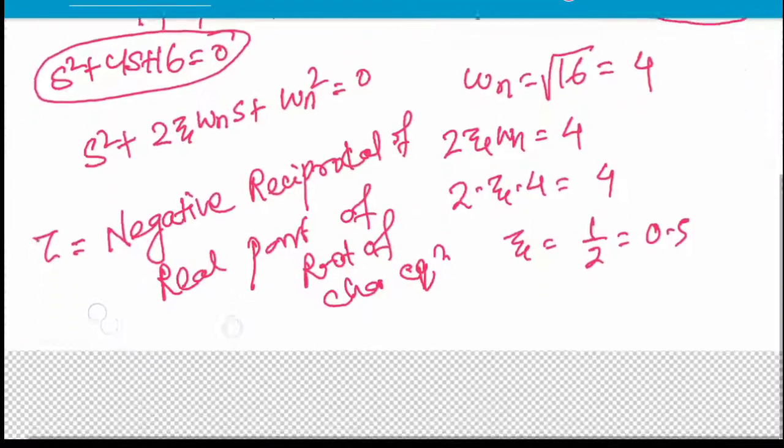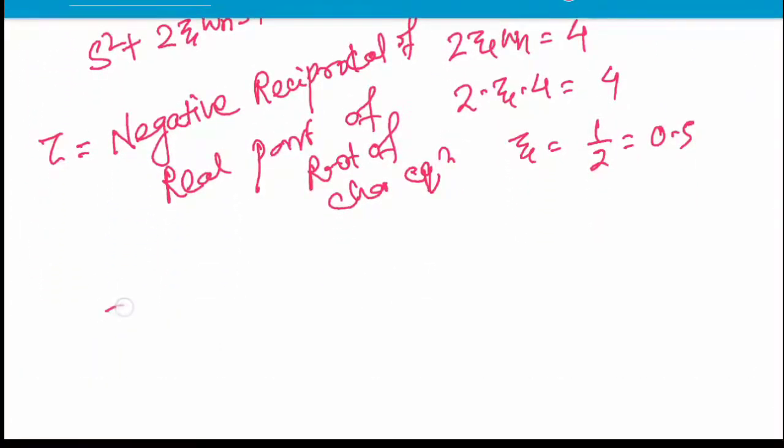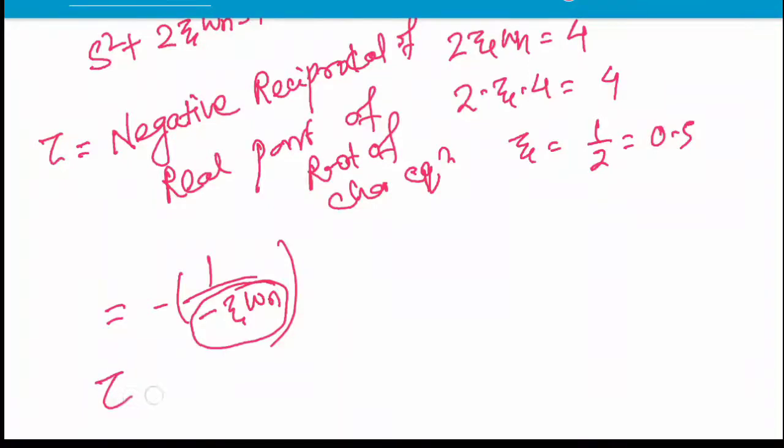What is that? Minus zeta omega n is the real part of the root of the characteristic equation, and the time constant tau is equal to 1 by zeta omega n.